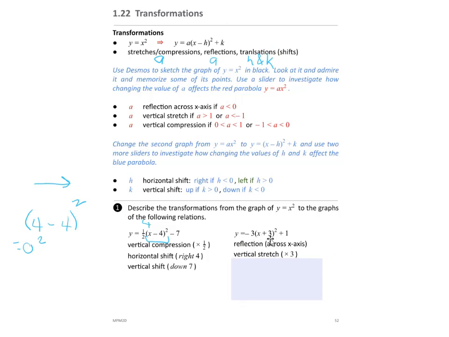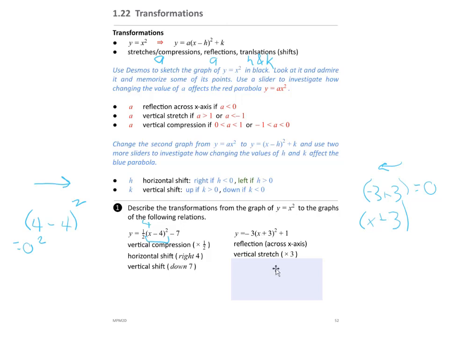There's our first two things. Then we have x plus 3. Remember what I said? Take what's in the brackets, and whatever's going to give you 0 is where your vertex is going to be. If we have x plus 3, well, negative 3 plus 3 equals 0. That means that it's going to be shifting left this time because it's going from 0 to negative 3.